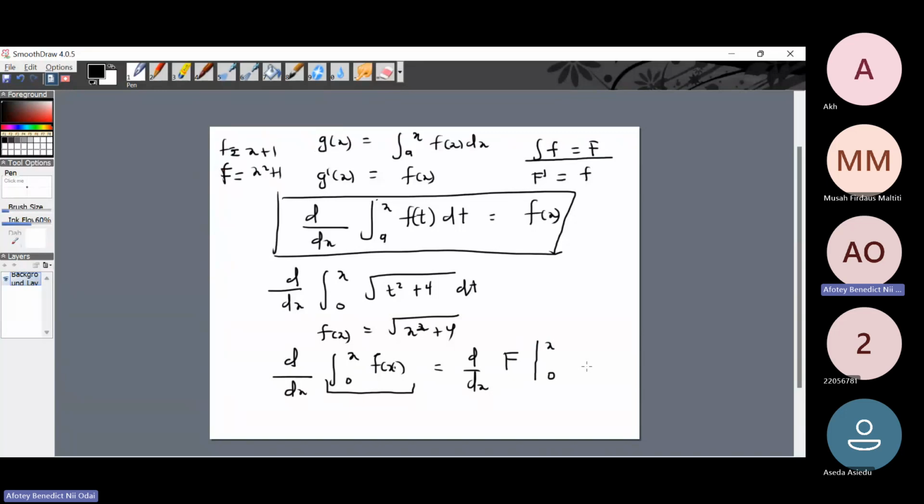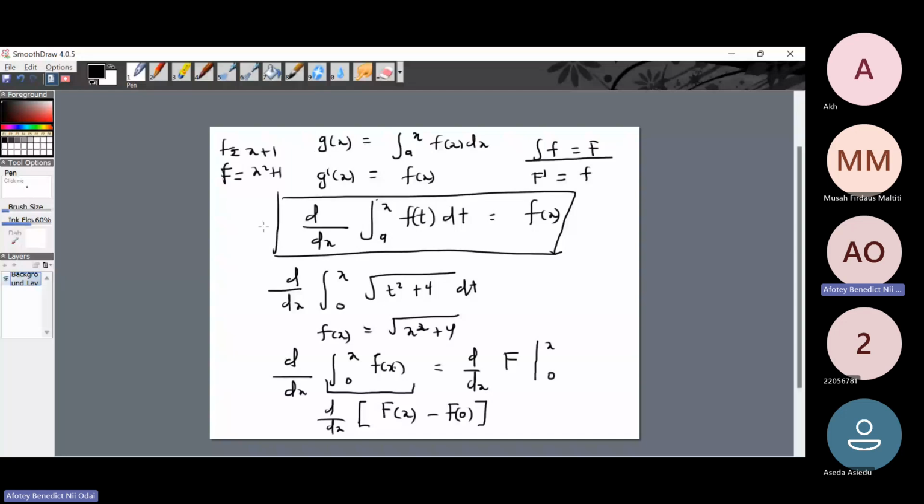Now remember that small f and big F are both functions. Now let's look at something. We have d/dx of the square bracket F of x minus F of 0. If you have a function and you plug in a constant, a certain number, you always get a number.